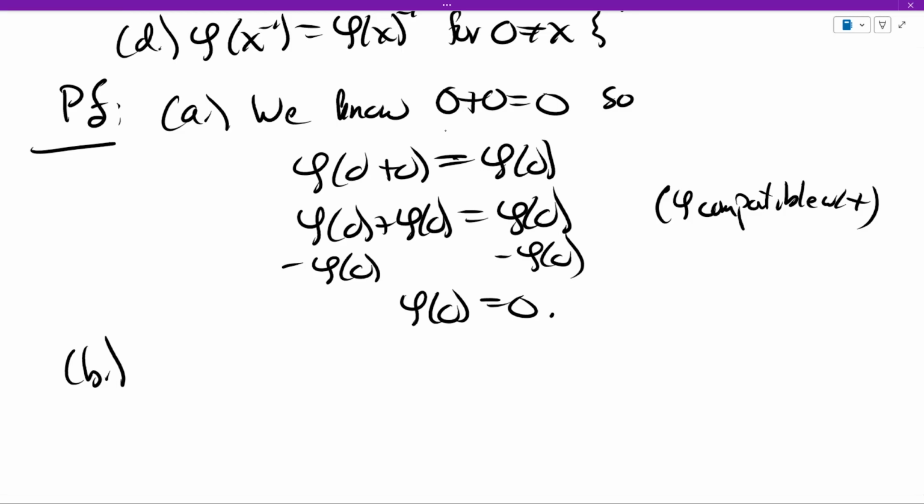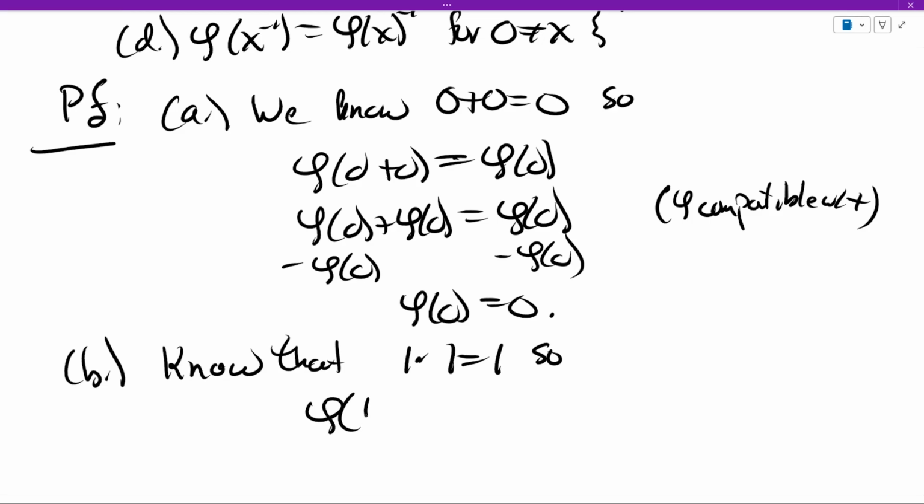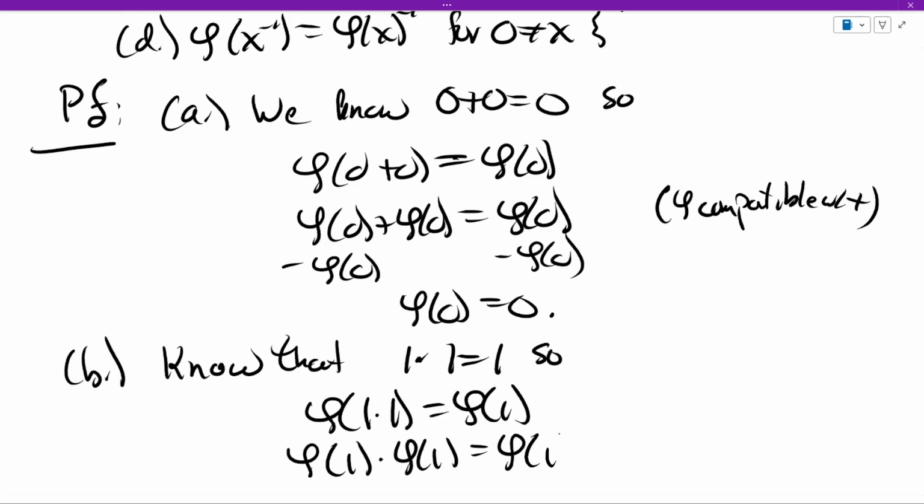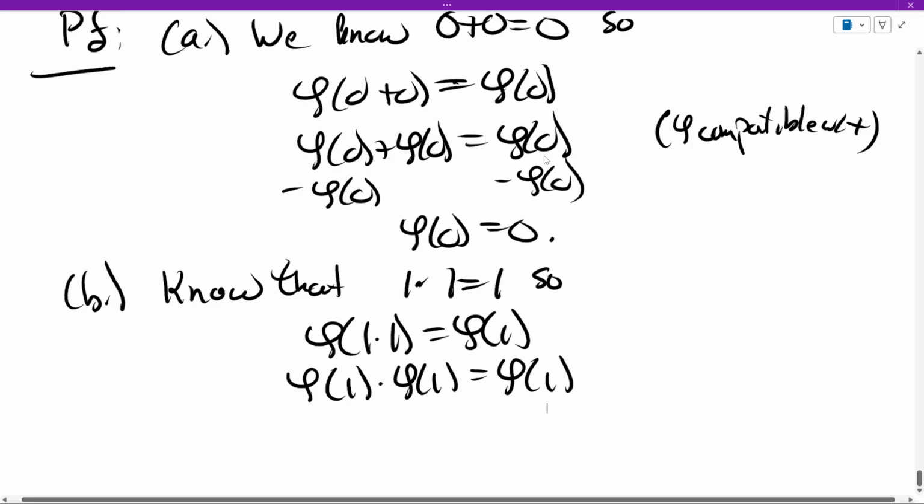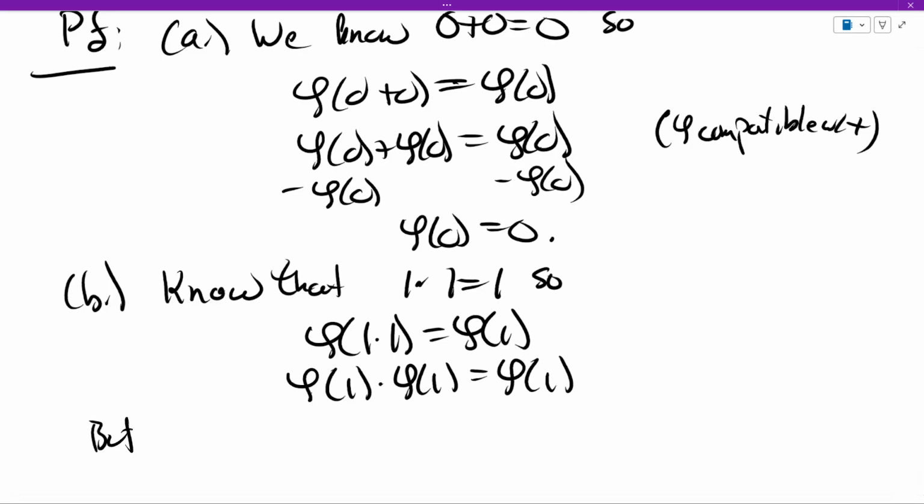And now let's show it preserves the multiplicative identity. We know that, well, 0 plus 0 was 0. 1 times 1 is also 1. So phi of 1 times 1 is phi of 1. And phi of 1 times phi of 1 is phi of 1. But phi of 1 is not 0, as phi is 1 to 1.